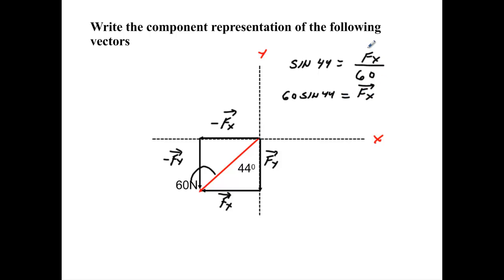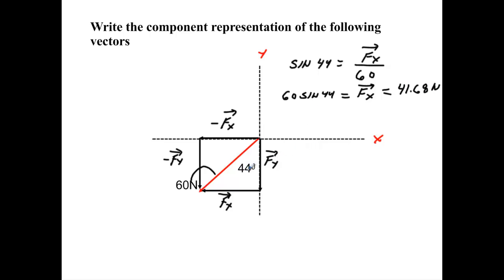And again, I should be more careful about those arrowheads. And when we do that, again, we get calculator. And again, make sure you've not changed the mode. Make sure your mode is in degrees. 60 times the sine of 44 is going to give me 41.68. And again, that's in newtons.